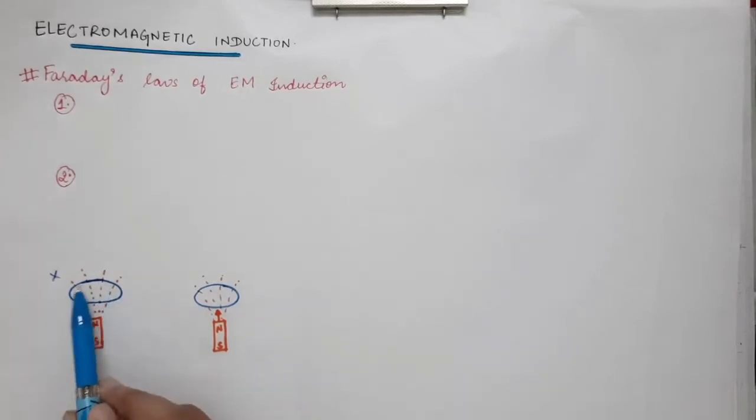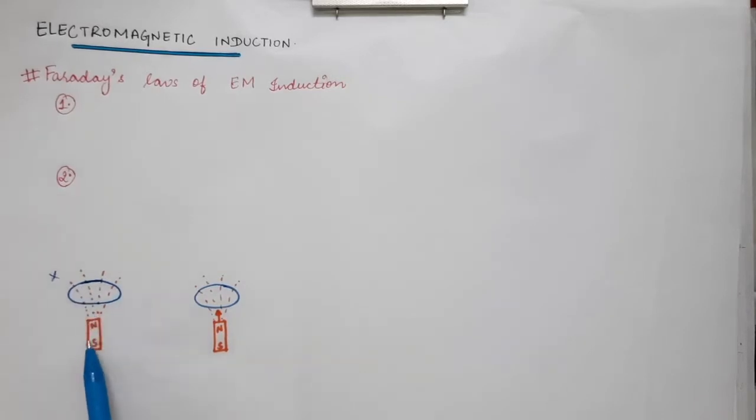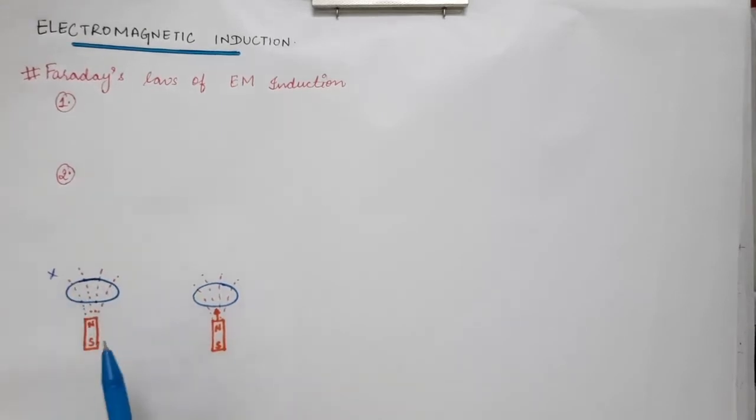If you have a certain circular loop and you have placed a bar magnet like this, magnetic field lines will cross this circular loop. There is some area enclosed by this closed path, and some number of magnetic field lines will be crossing this surface enclosed by the circular path.